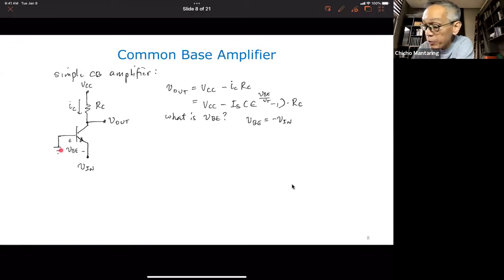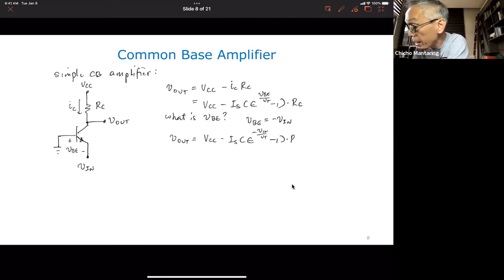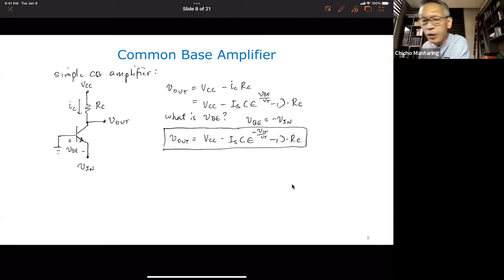If you apply KVL to this loop, you're just going to see that V in is equal to minus VBE. Therefore, I have now V out is VCC minus IS e to the minus V in over V T minus 1 multiplied by RC. So here, for given values of V in, I can determine the value of V out.